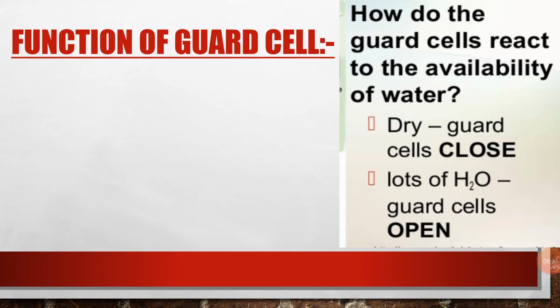What is the function of the guard cell? How do the guard cells react to the availability of water? If the plant body is dry, guard cells close. If there is lots of water, then guard cells open to release that water into the atmosphere.